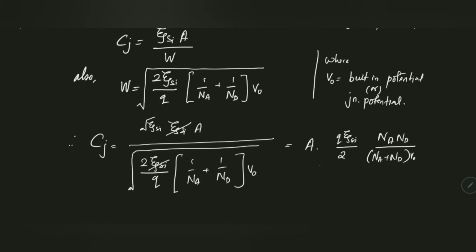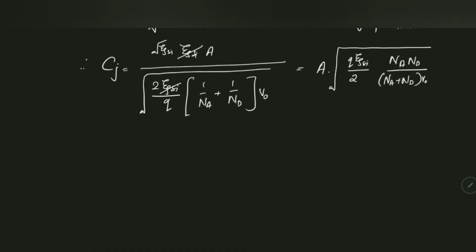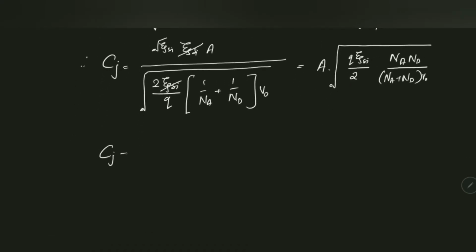This is the further simplified equation. Now I'm going to take the 2 outside, and let me show you how it comes. Like A divided by 2, since I have taken the 2 outside, you have to divide by the values respectively.